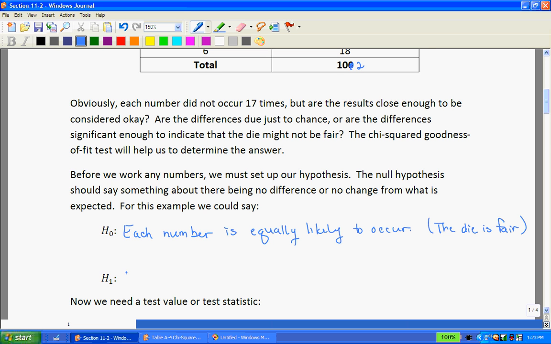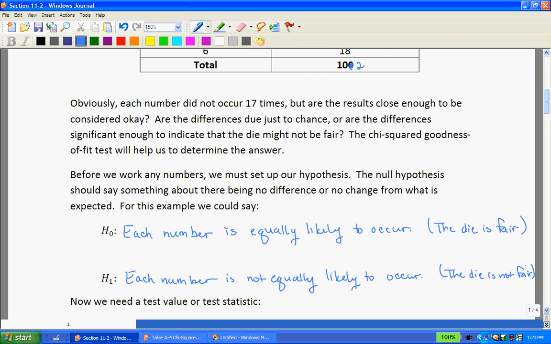So the alternative would be that each number is not equally likely to occur. So the die is not fair. So the main thing you want to keep in mind here is the null hypothesis is pretty much saying this is how it usually is, and I think it's still that way. But the alternative is saying, no, something's different, something's changed, and we're trying to prove or disprove that.